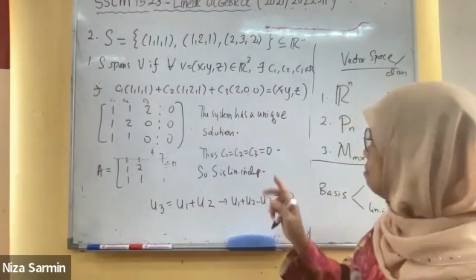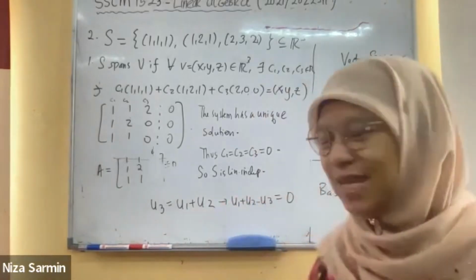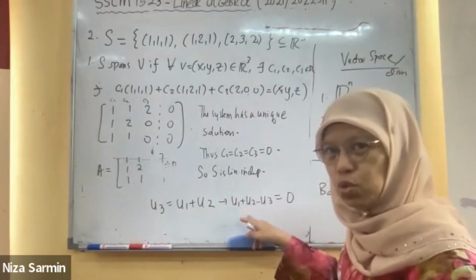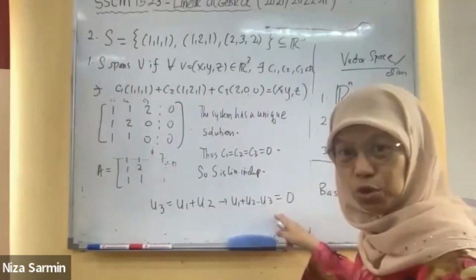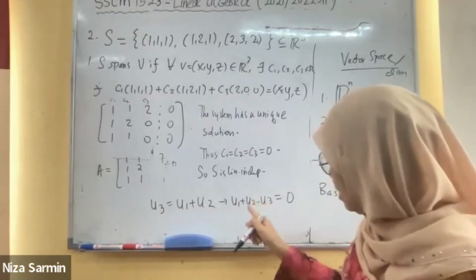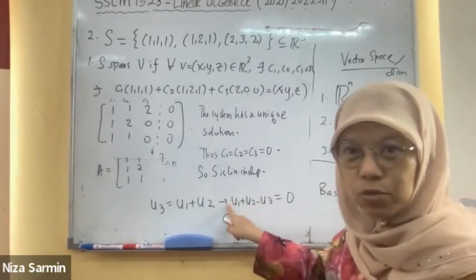So, for linearly independent, if you have C1 U1 plus C2 U2 plus C3 U3 equals 0, you want to find C1, C2, C3, right? So in this case, C1 is 1. Kat sini kan, nampak tak 1 tu?